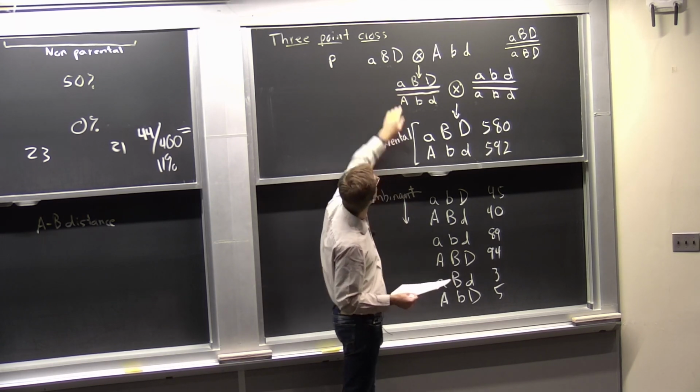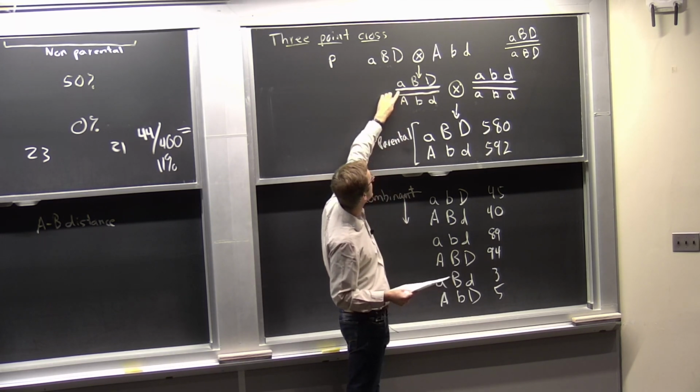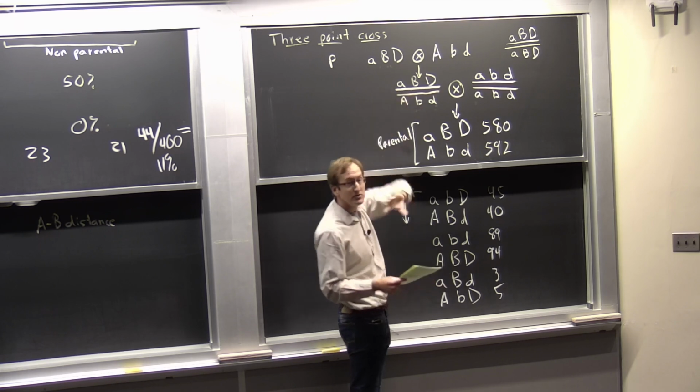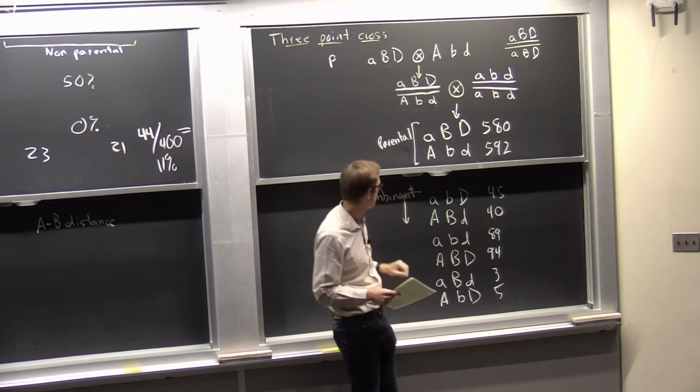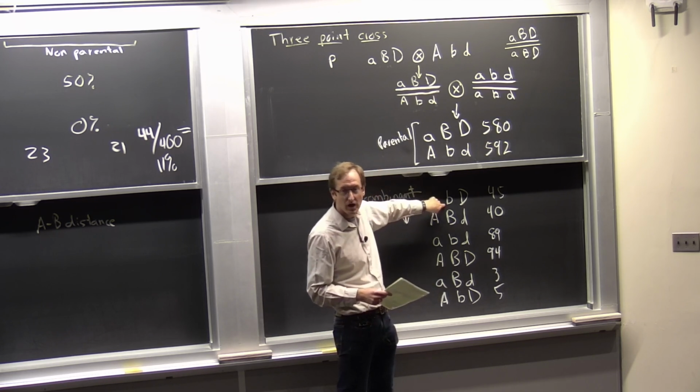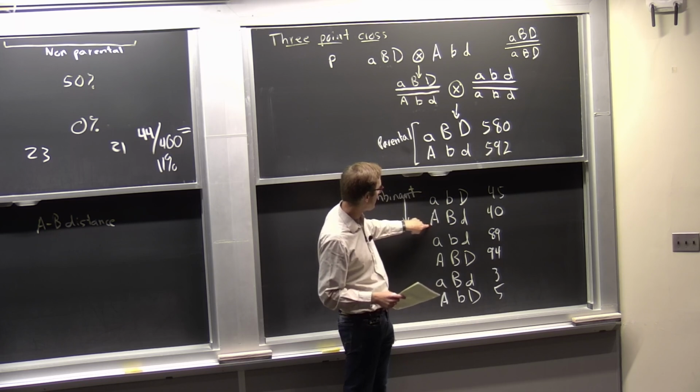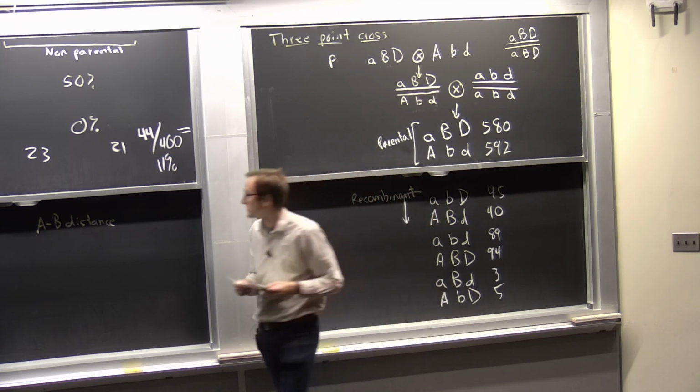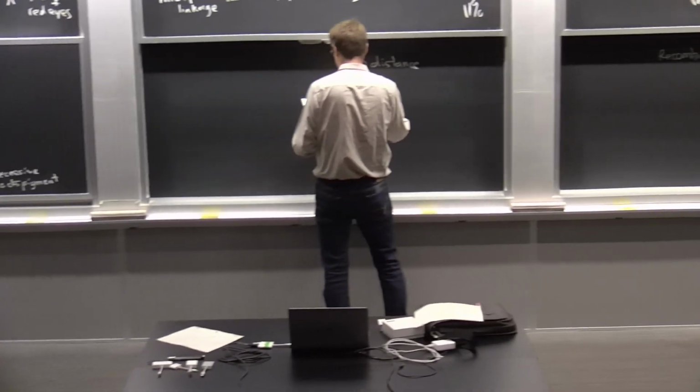So any case where we don't have lowercase a paired with capital B, there's been some type of exchange. Here lowercase a is with lowercase b, so that's a recombinant. Here uppercase A is with uppercase B, that's a recombinant too. So we have to add all these up.